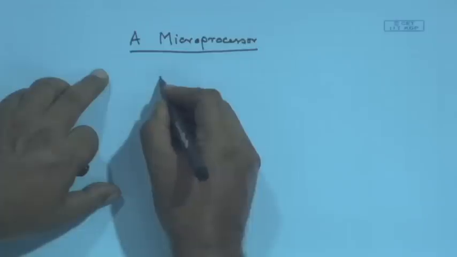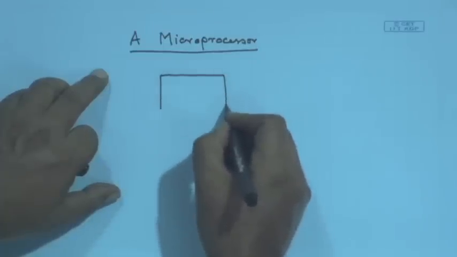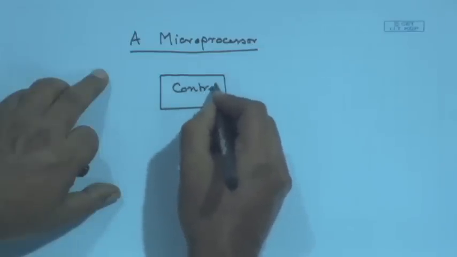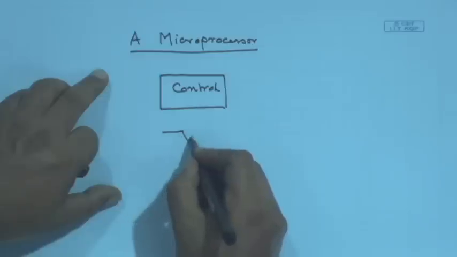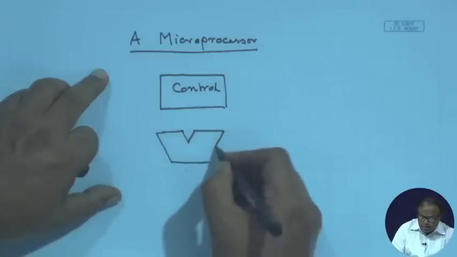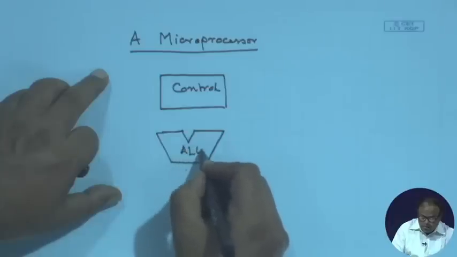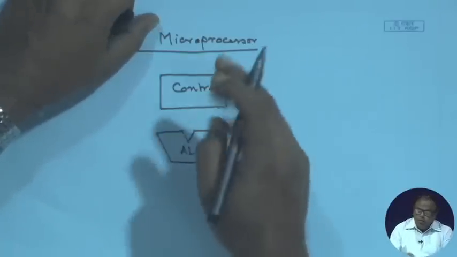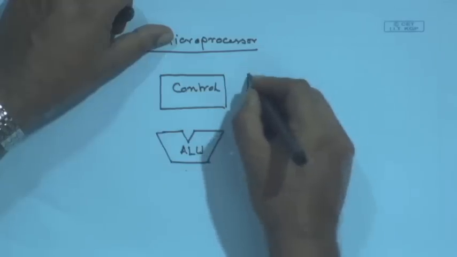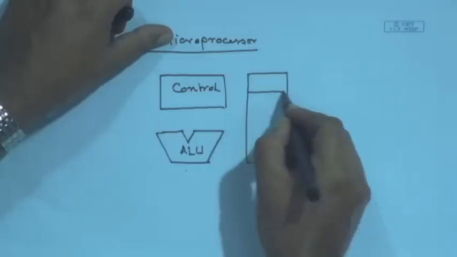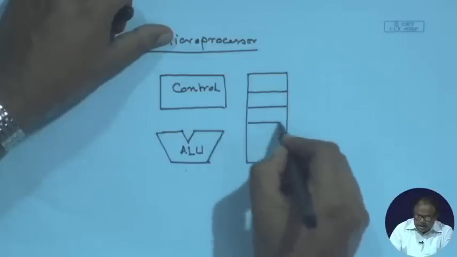will have, of course, some control. It will have an arithmetic logic unit. I am assuming a simple microprocessor where we have got only one ALU, no parallel processing. There is a bunch of registers here, which are also known as scratch pad registers.